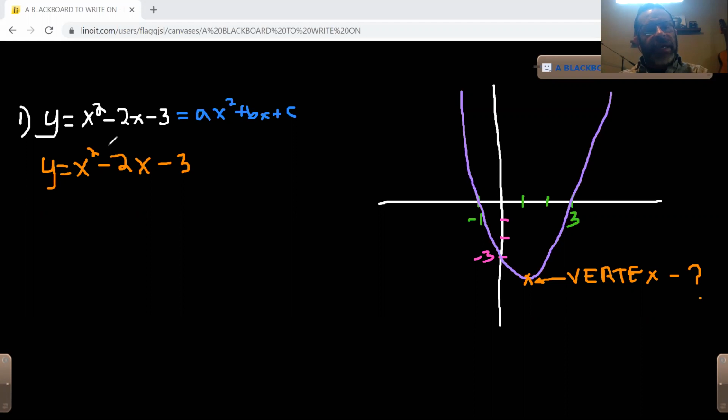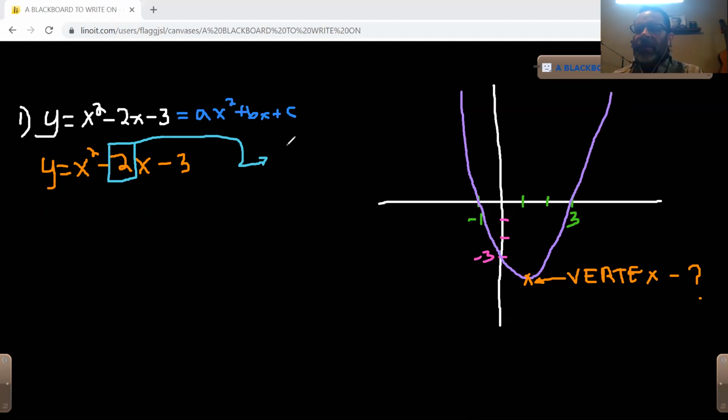We are going to take the value that's being multiplied here by the x. What value is that? It's the b, right? You can take it with the sign or without the sign.